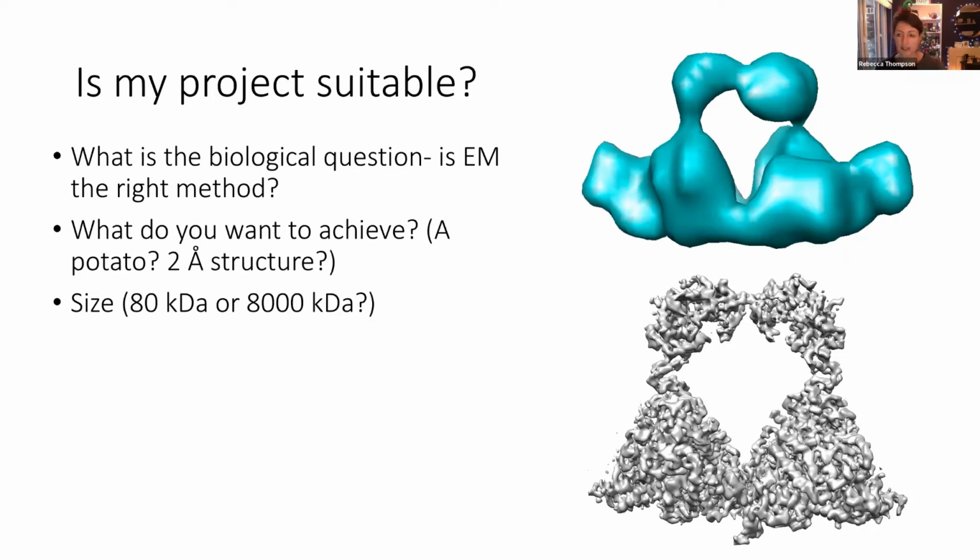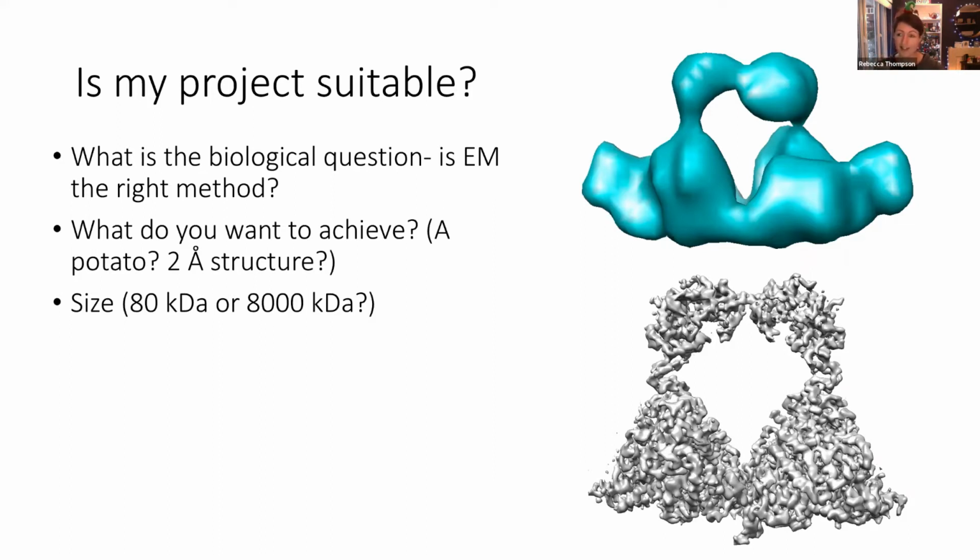The smaller size limit, however, is decreasing all of the time, and structures have been solved for things like streptavidin, which is obviously significantly sub 100 kilodaltons. But really, if we're getting below 120, 100 kilodaltons, the question is, how much ordered density is there? So if you've got something which is 100, 150, 200 kilodaltons plus, then electron microscopy may be an appropriate technique.